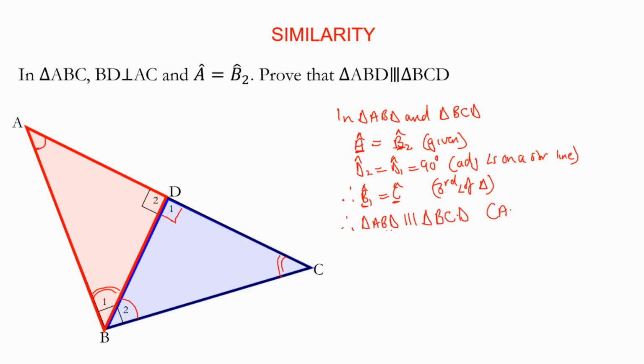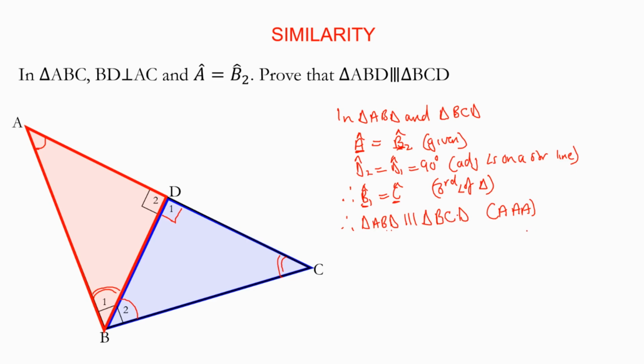We prove that since angle, angle, angle. We prove the similarity. Okay, now you can say, therefore, AB over BC is equal to BD over CD is equal to AD over BD, sides in proportion.